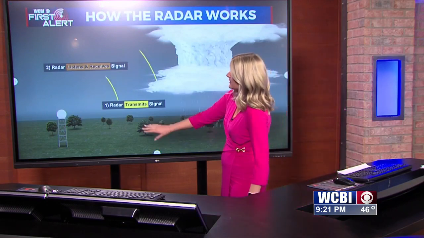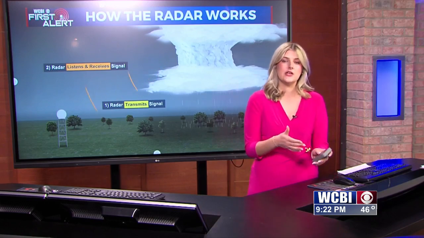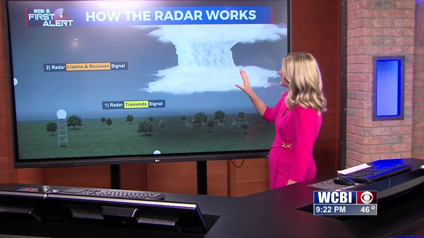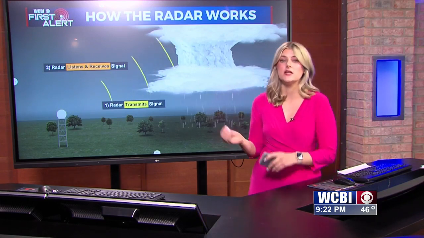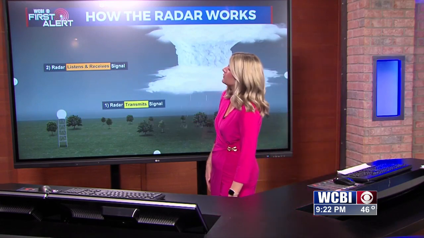So basically, this large golf ball sends out a signal, or a packet of energy, into a storm. In this case, that's the example. And then the storm, or these tiny raindrops within the storm, send another signal back to the radar after the initial signal hit it. So the signal hits the target, and then it returns back to the radar, and the radar listens and receives those signals as well.